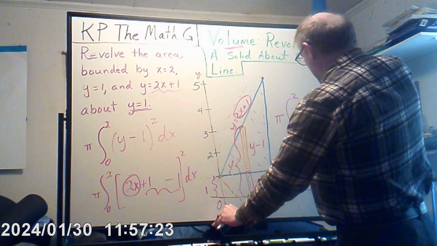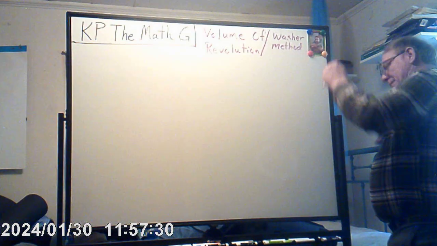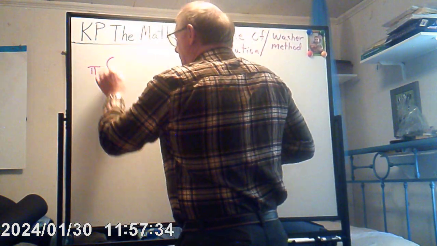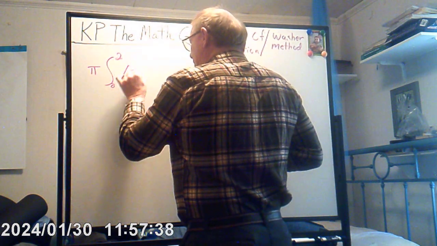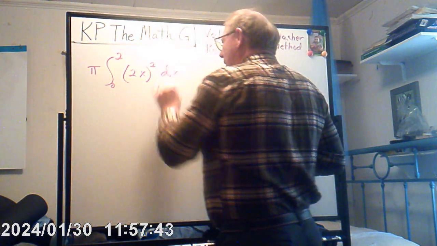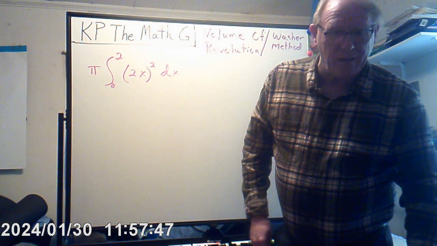I think I can memorize that a little bit. So what we had was pi, going from 0 to 2, and this was 2x squared dx. There it is. That's what you have now.